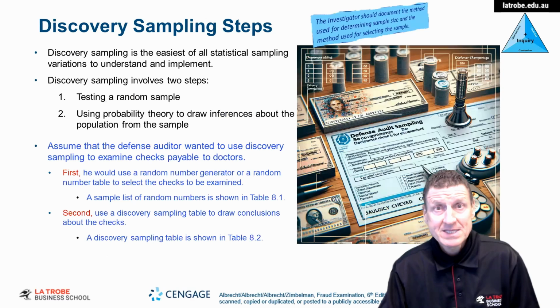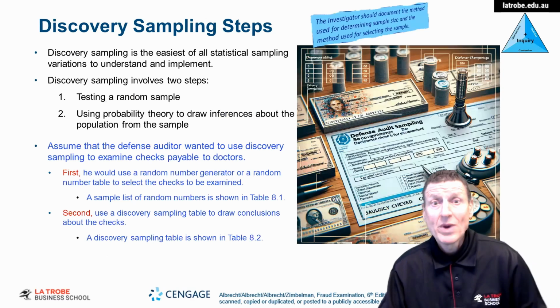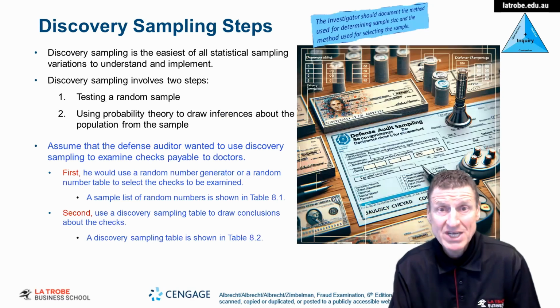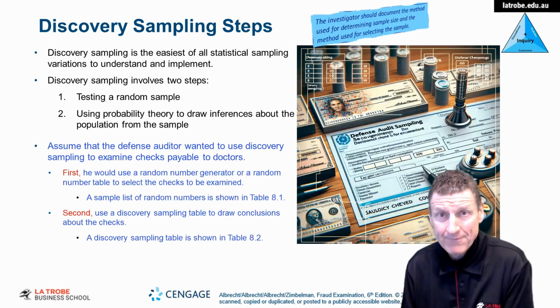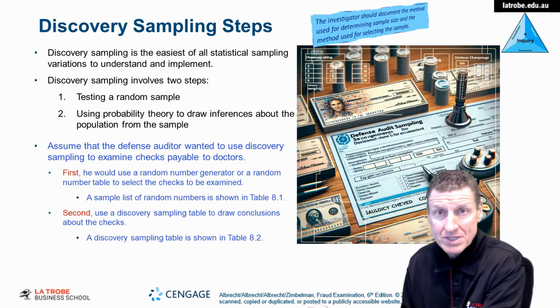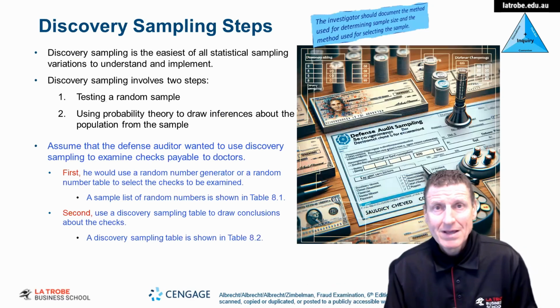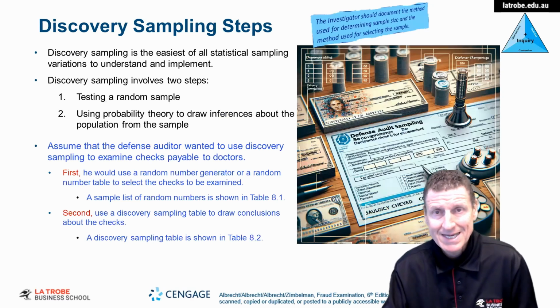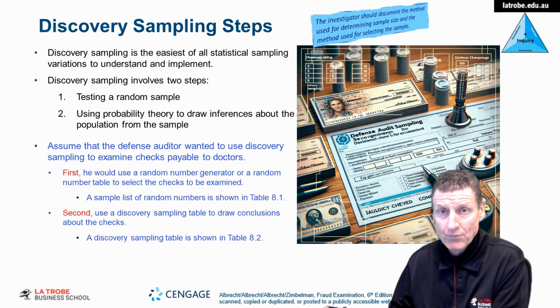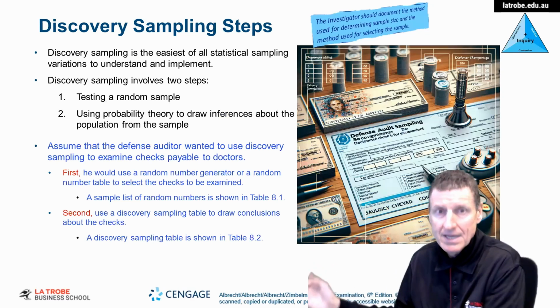So let's have an example from the textbook where a defense auditor wanted to use discovery sampling to examine checks payable to doctors. Remember, the fraud was where many, many fictitious doctors were made up. So claims were made and then checks were sent out to the fictitious doctors, and then the fraudster was able to get those checks, bank them, and then take the money.